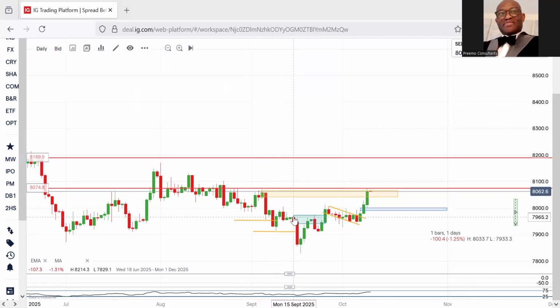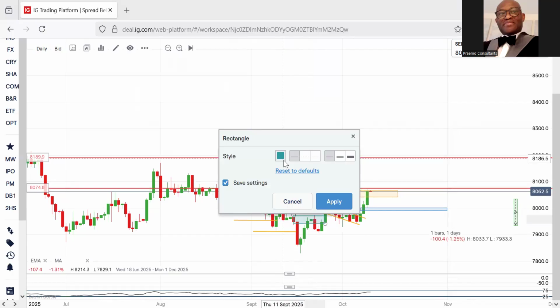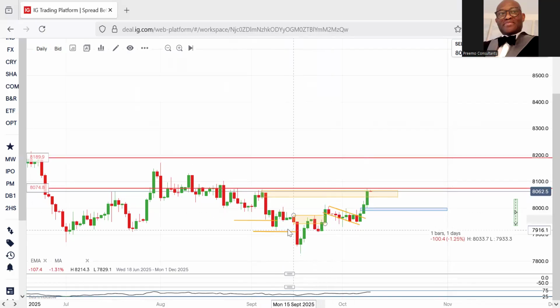Our focus should be on this series of candles that created that change of character, which is here. So we plotted it with another yellow rectangular box.